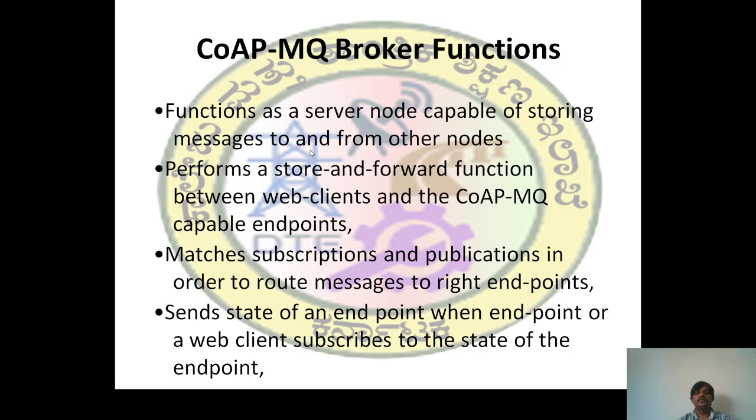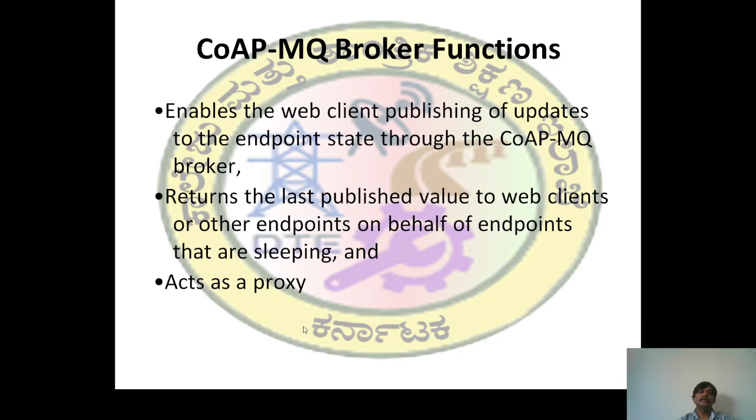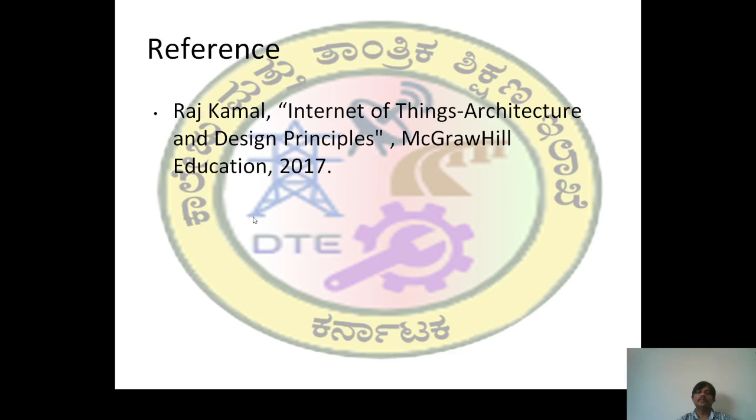It matches subscriptions and publications in order to route messages to the right endpoint, sends the state of an endpoint when an endpoint or a web client subscribes to the state of the endpoint, and enables the web client publishing of updates to the endpoint state through the COAP MQ broker. It returns the last published value to web clients or other endpoints on behalf of endpoints that are sleeping, and acts as a proxy.